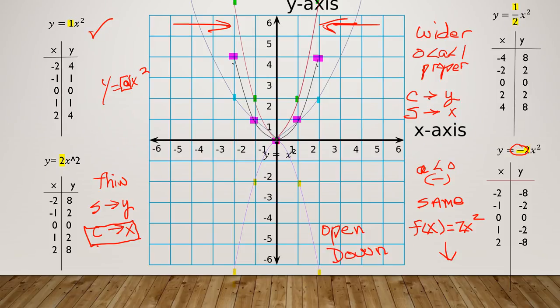And all these are opening upward. So A, the coefficient in front of the x squared function, tells us the orientation, the compression, the stretching of the function.